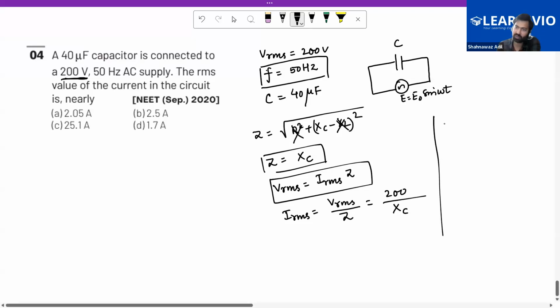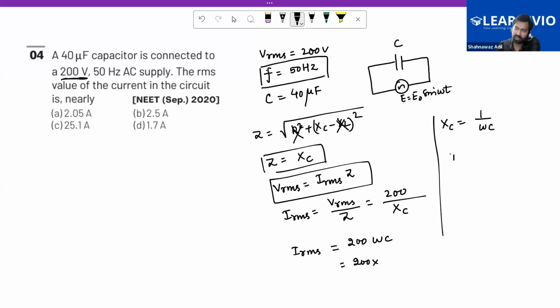We already know that XC is 1 over omega C. So omega C will go upstairs. So this would become 200 into omega and C. This is IRMS, right? So 200 and omega, how omega and nu are related?